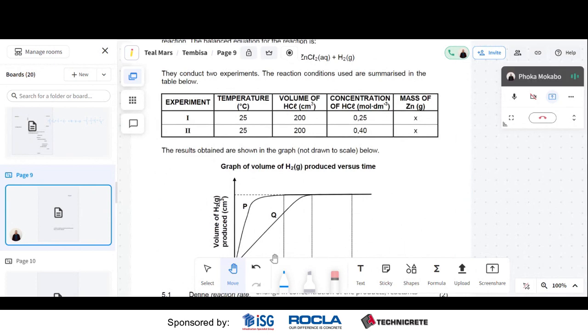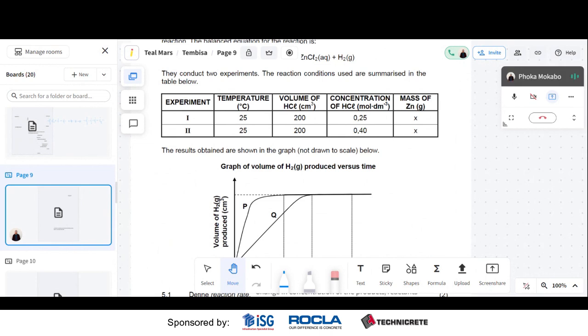We see here that the temperature and the volume don't change, the concentration does, and the mass we do not know much of.